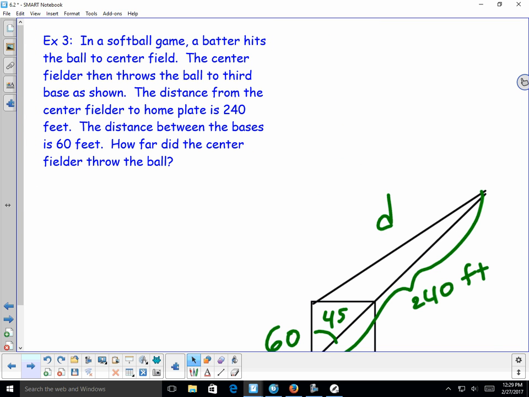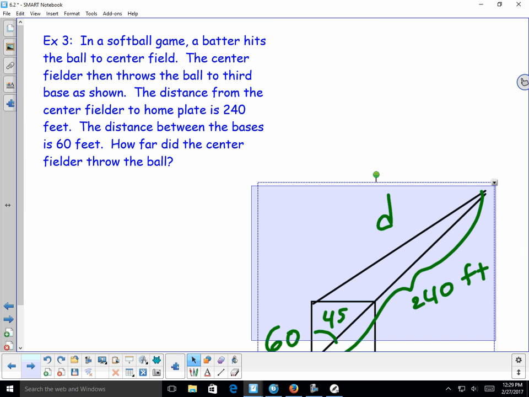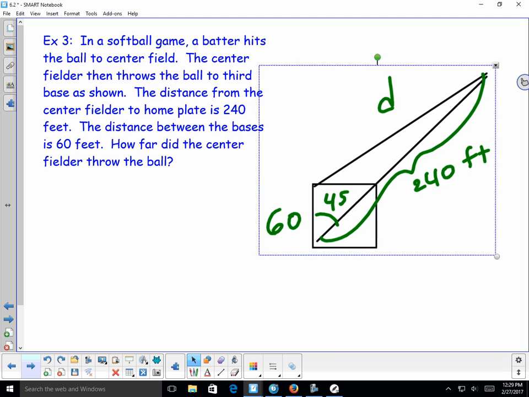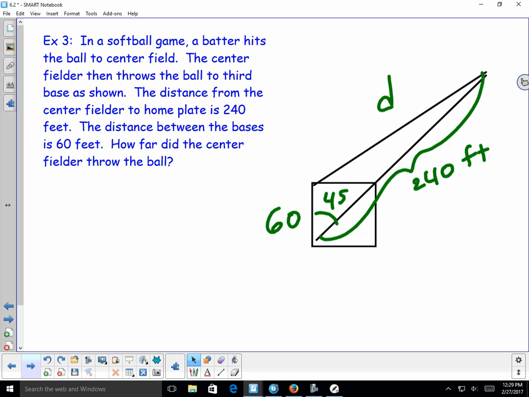So the batter hits the ball to center field, so it's out here somewhere. The center fielder then throws the ball to third base, so that's the D for the distance, right? The distance from the center fielder to home plate is 240, and the distance between the bases is 60 feet. So we want to know this distance.